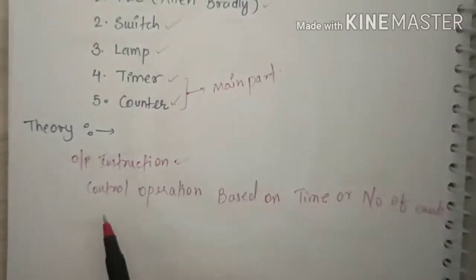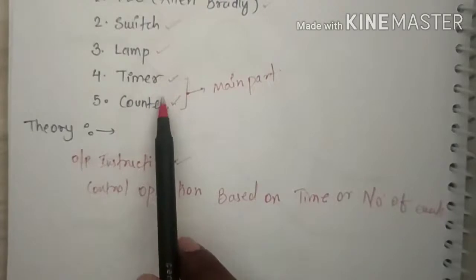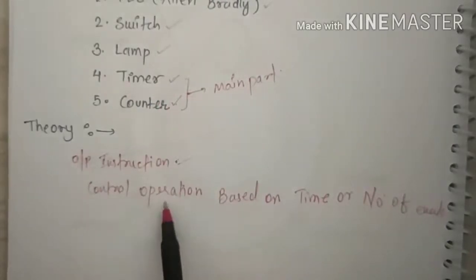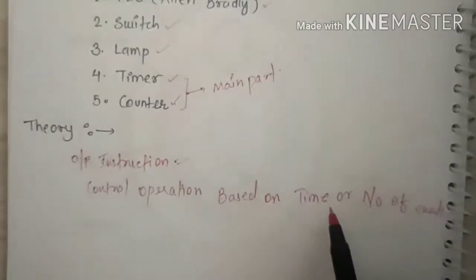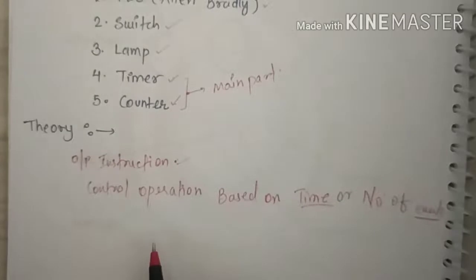So both these are output instructions and they control operation based on time and or number of events. So these two are the points.